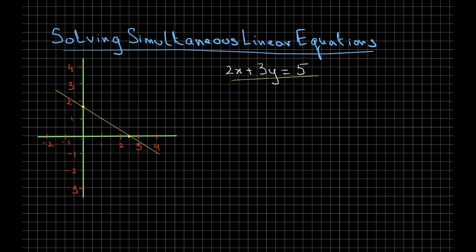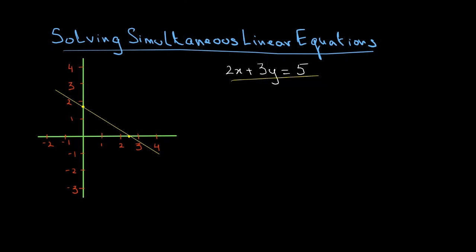So for a point to lie on the line, let's pick any point. Let's pick a point where x is equal to 2. Then this implies that y is equal to 5 minus 4 over 3, which is equal to 1 over 3, right?